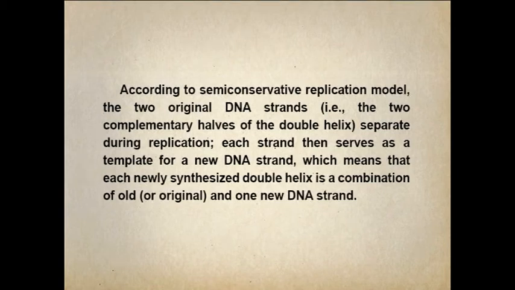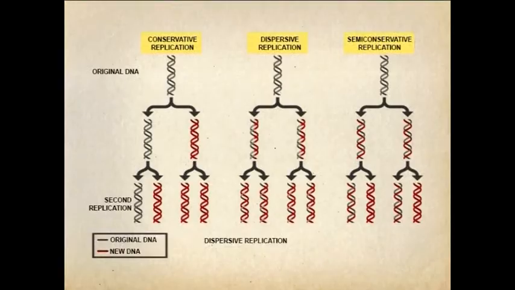According to the semi-conservative replication model, the two original DNA strands, that is, the complementary halves of the double helix, separate during replication. Each strand then serves as a template for a new DNA strand, which means that each newly synthesized double helix is a combination of an old strand, which is the original, and a new strand, which is newly synthesized.